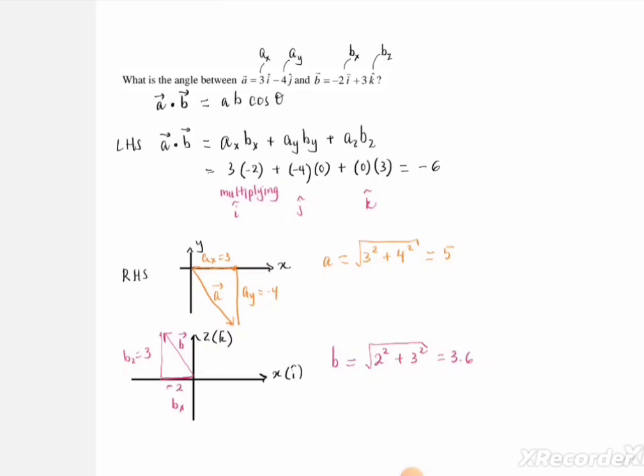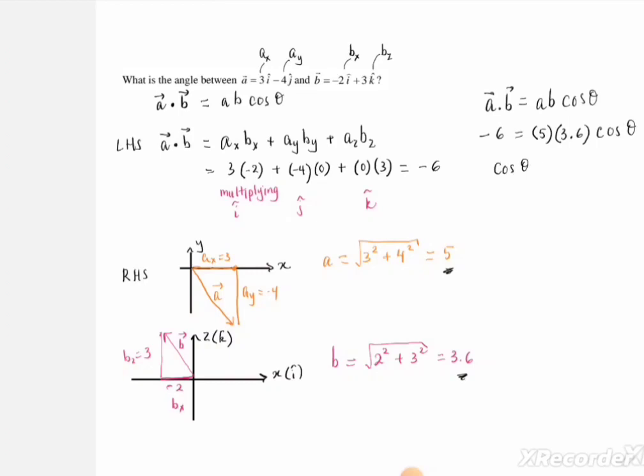On the left hand side we have A dot B, and on the right hand side we have AB cosine of theta. So A dot B we found here as negative 6, and the magnitude of A is 5, the magnitude of B is 3.6, and then cosine theta.